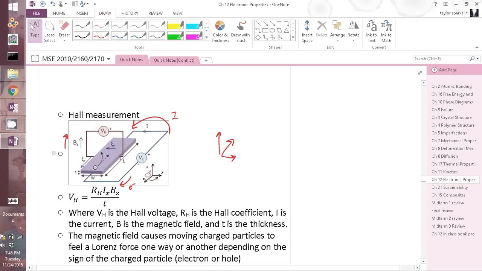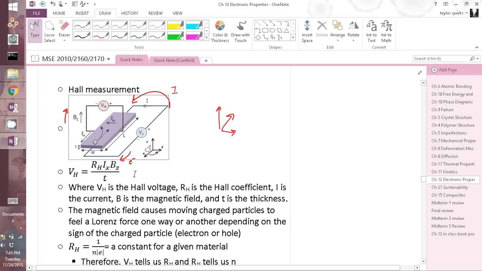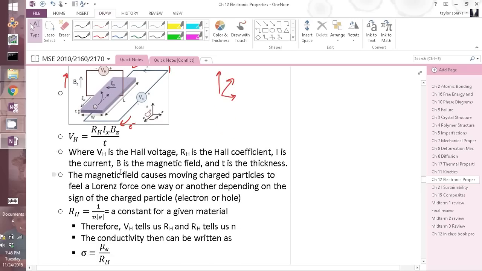So this Hall voltage, when we actually go to calculate it, we say that the Hall voltage will be equal to RH, that's the Hall coefficient, multiplied by I, the current, multiplied by B, the magnetic field, and divided by t, the thickness. We've already said that the magnetic field causes moving charged particles to feel a Lorentz force, and so they get pushed to one side of the material or the other.